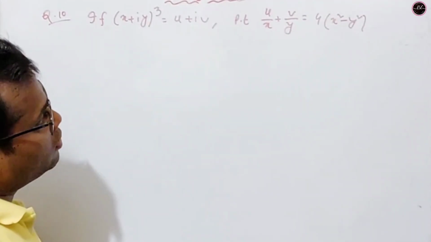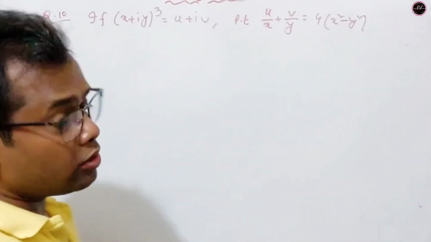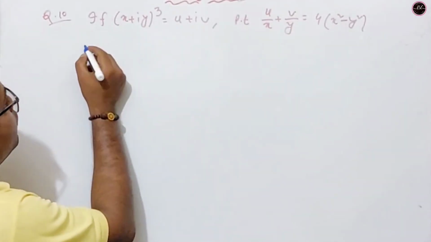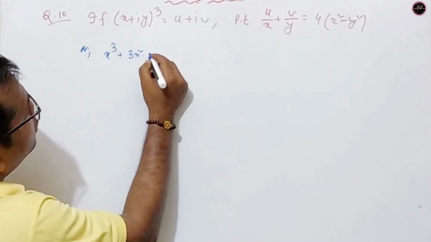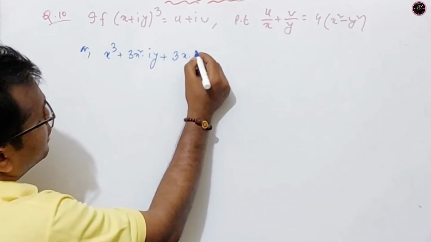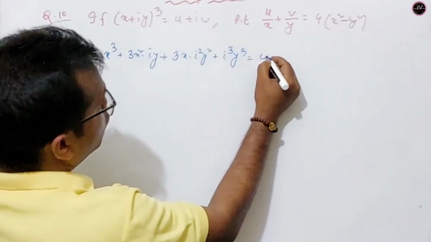If x plus iy whole cube equal to u plus iv, prove that u by x plus v by y equal to 4 into x square minus y square. We first simplify this equation. Therefore we have x cube plus 3x square into iy plus 3x into i square y square plus i cube y cube equal to u plus iv.